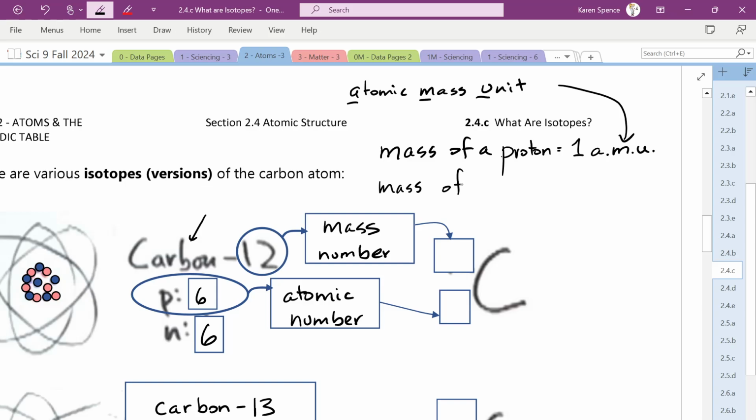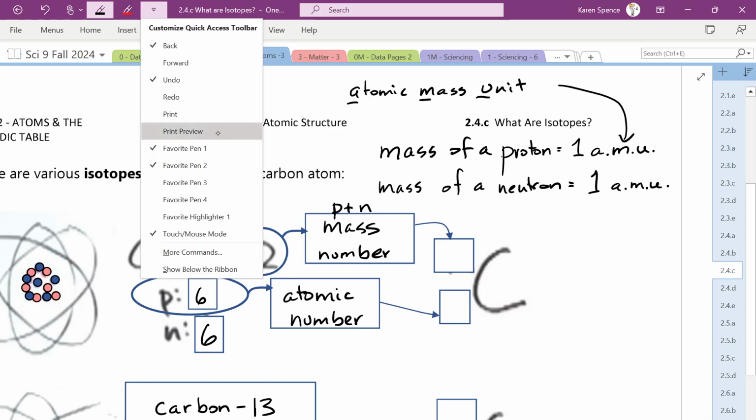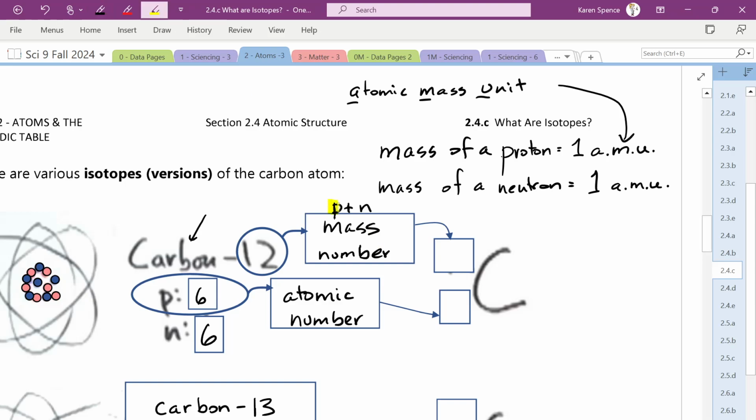It's the same. So if we add up 1 AMU for every proton and 1 AMU for every neutron, we get our mass number. The mass number is the protons plus the neutrons, as opposed to the atomic number, which is the number of protons.